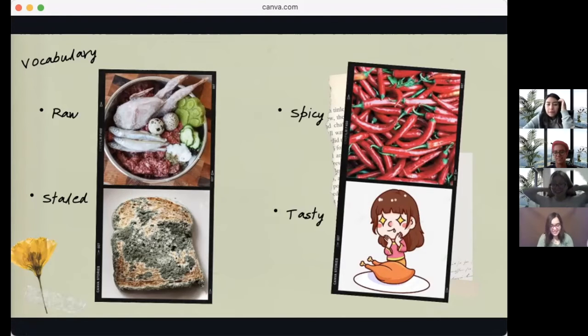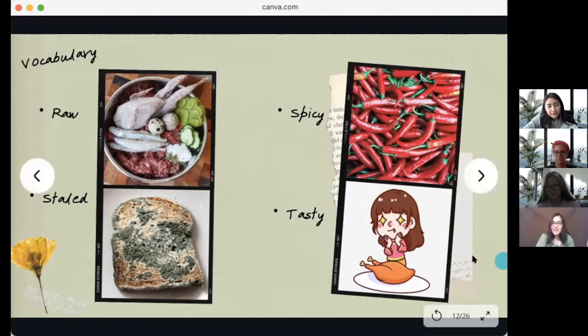And tasty. Does someone know what tasty means? It's like when in Spanish we say it's so delicious, delicioso or sabroso, maybe. Exactly. That is tasty. And I think those are all the words. I hope that you have learned a lot that you can use in your daily life.